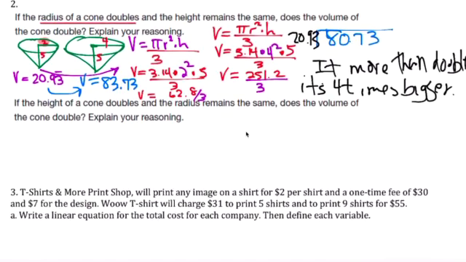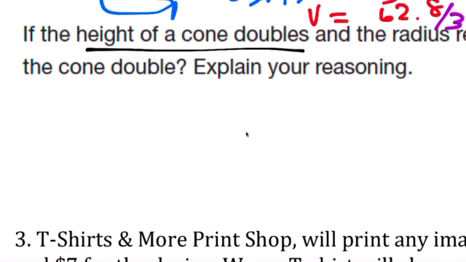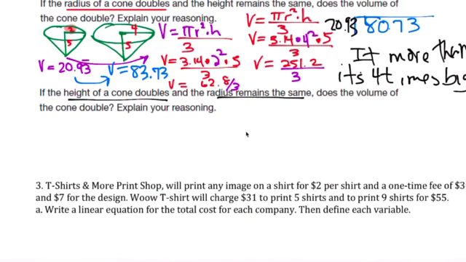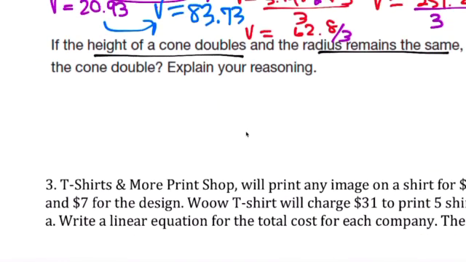Okay, so the next one for number 2, let's say the height of the cone doubles and the radius remains the same. Does the volume of the cone double? Explain your reason. Basically show your work. Okay, so I'm going to do one cone, use the same one of radius 2 and the height of 5.